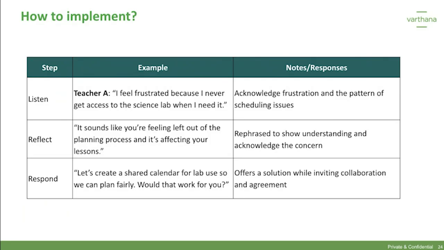As we know, there is one science lab and multiple teachers using it. That's your clue to listen without interrupting and acknowledge the frustration and the pattern. This is the first step. Second, now reflect by saying something like, it sounds like you are feeling left out of the planning process and it's affecting your lessons. This shows you have really heard and understood their concern, right?